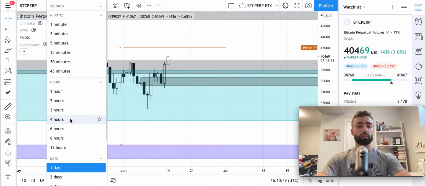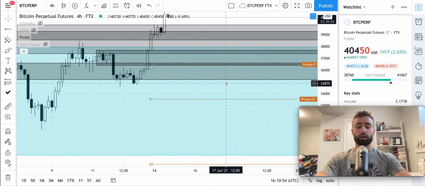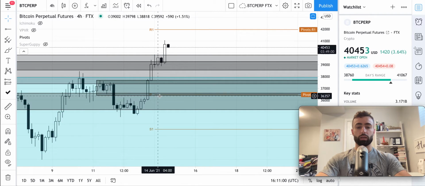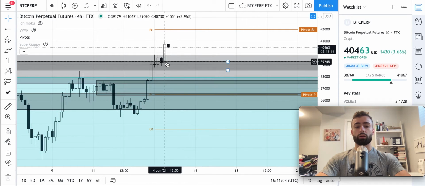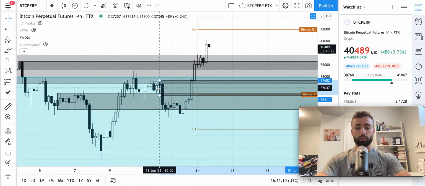Let's go to the lower time frames. If we look at the 4-hour time frame, here's an interesting development. We have had 1, 2, 3, 4, 5, 6, 7, 8, 9 4-hour candles in a row without one retest of any of these levels. So as we've gone up, this was our level that we talked about yesterday.